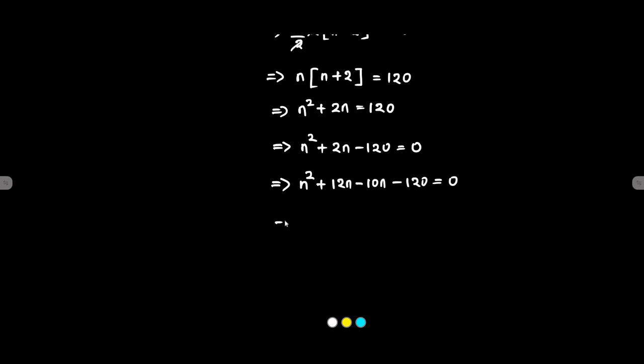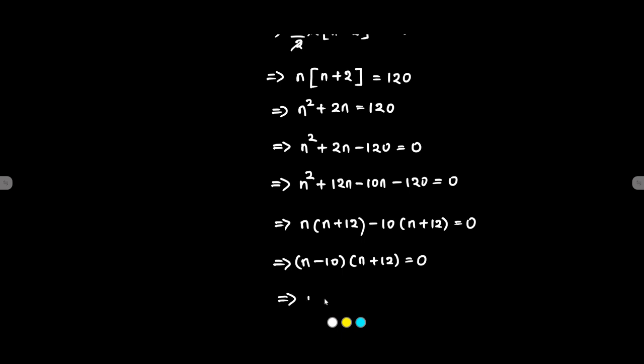That implies n into n plus 12 minus 10 into n plus 12 is equal to 0. That implies we have n minus 10 into n plus 12 equal to 0.